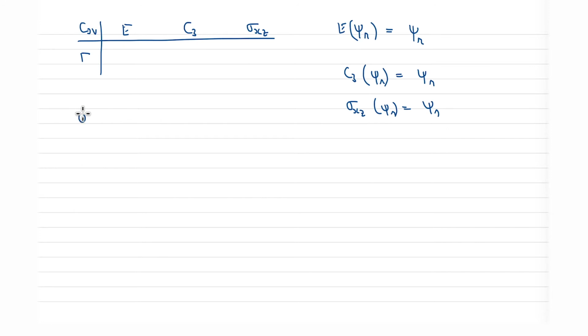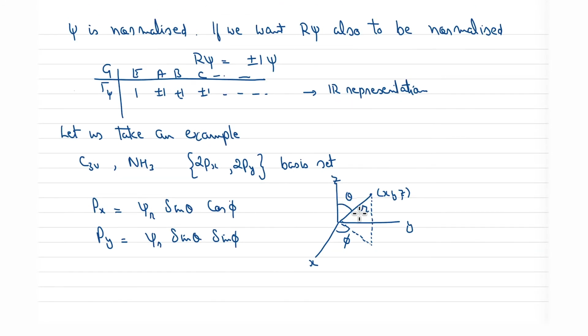Now let's see what happens to theta. If we see carefully, theta is the angle between the vector and the z-axis. All our rotations are with respect to the z-axis, because our C3 lies along the z-axis. So no matter how much you rotate about the z-axis, theta will not change.